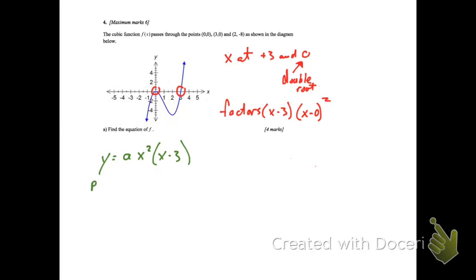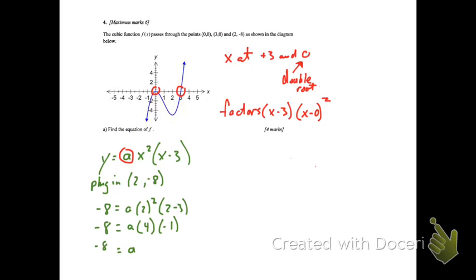We've also given you some information about a point that lies on the graph, which is (2, -8). So I am going to plug in for x 2 and for y negative 8, and then solve that through for a and get that constant multiplier. I think that you will get an a of 2.